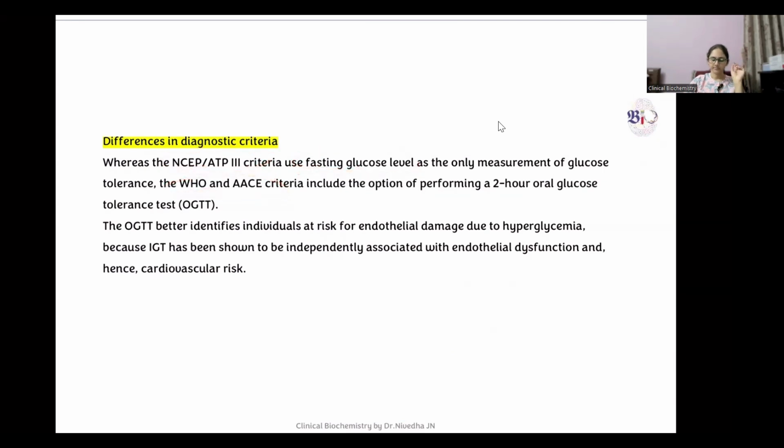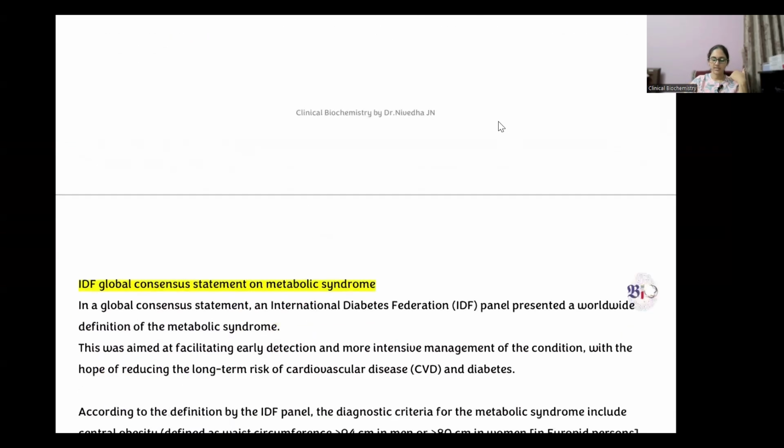Because WHO and ACE criteria take fasting as well as postprandial glucose, it means they are doing the oral glucose tolerance test, giving 75 gram of glucose and measuring after that. Whoever is at risk of endothelial damage due to hyperglycemia will also be picked up when doing the oral glucose tolerance test. So that is one added advantage of the OGTT. So this is about the differences.